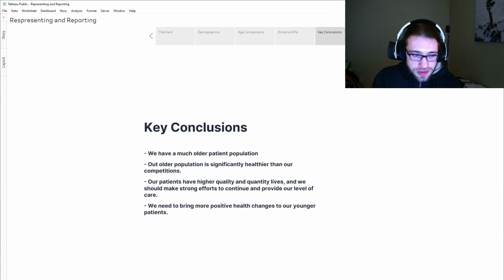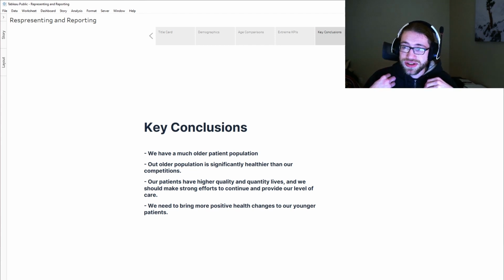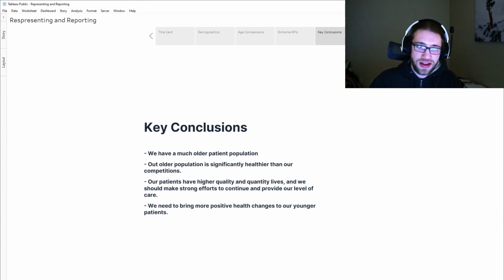To finish up and conclude, again, we have a much older patient population, which is good. It means our patients are living longer, we're keeping patients for longer, and our older population is significantly healthier than our competitor's. So we have higher quality and quantity of lives for our patients when compared to DIA, and we should continue to provide the same level of care to those older patients.